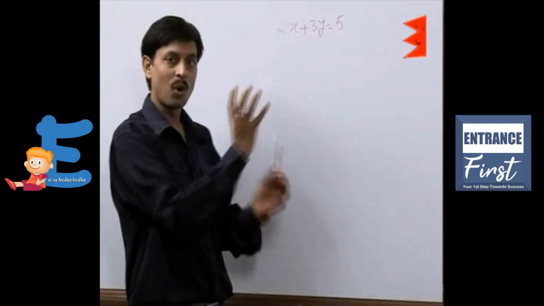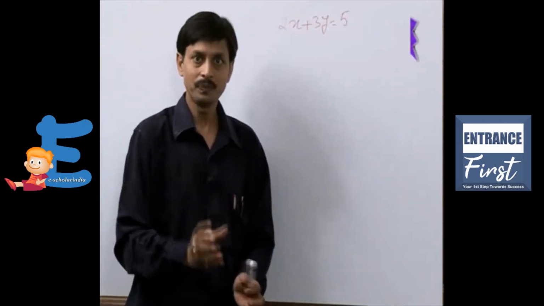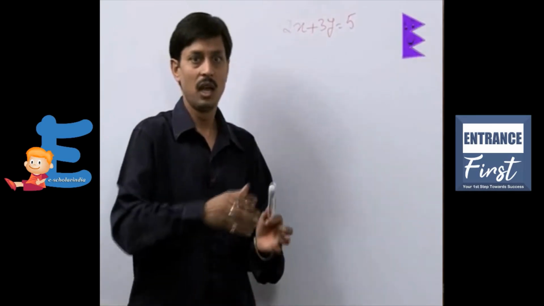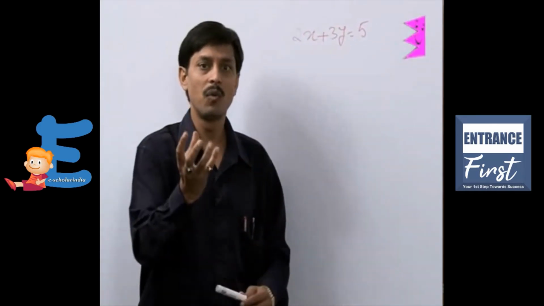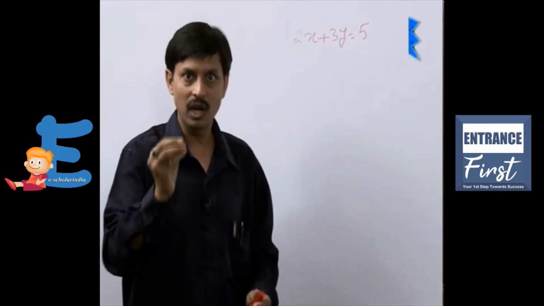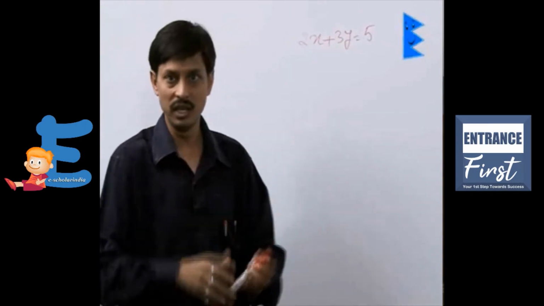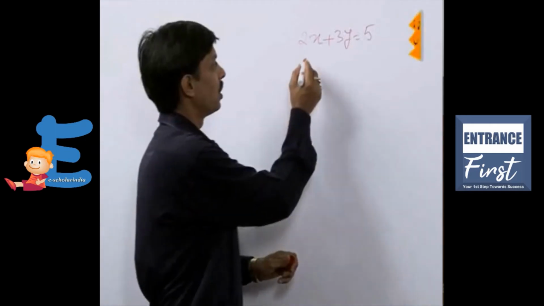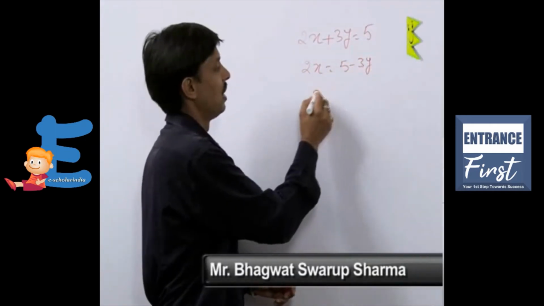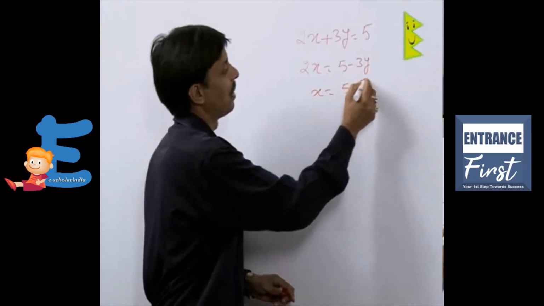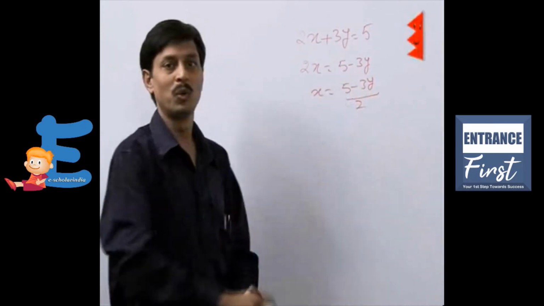It is always advisable to express the variable so that the denominator is a number that can easily be divided. So here 2x is equal to 5 minus 3y. x is equal to (5 minus 3y) upon 2.